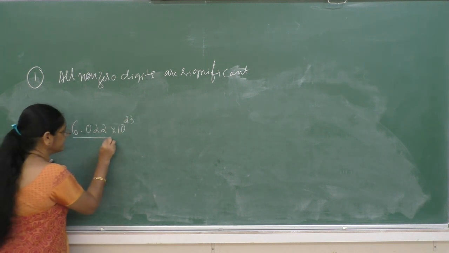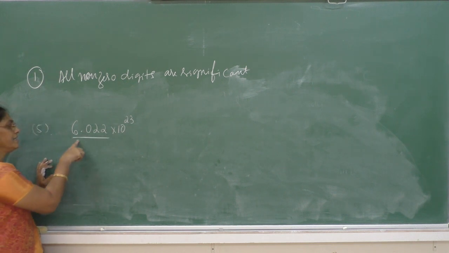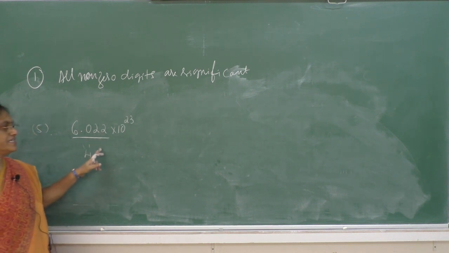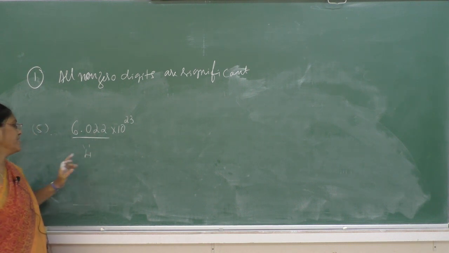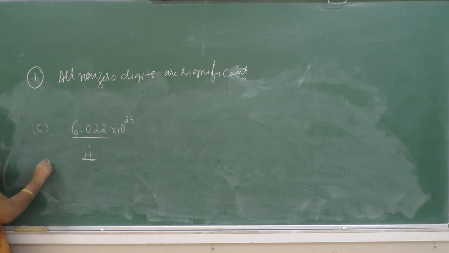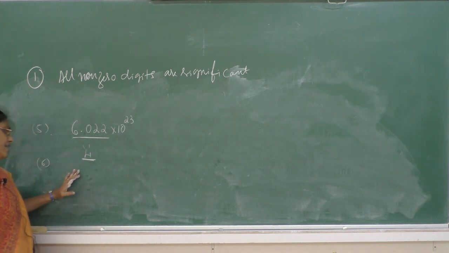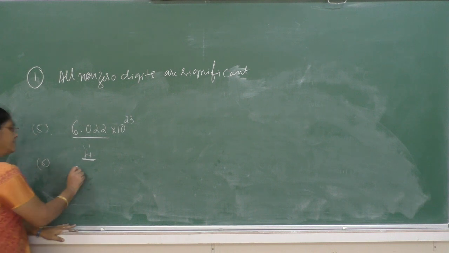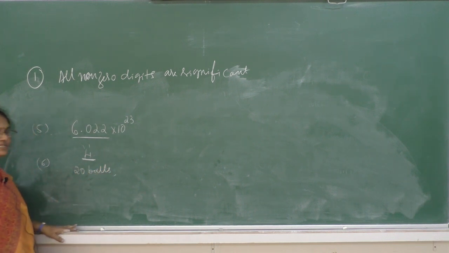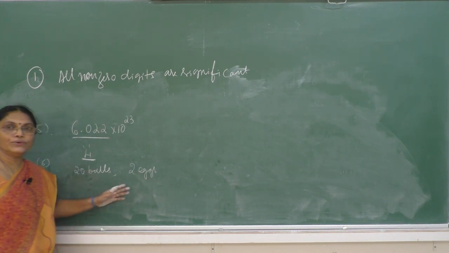How many digits are present in this number? There are 4 digits. Therefore, the number of significant figures is 4. Then the last rule is the counting numbers, for example, 20 balls and 2 eggs.